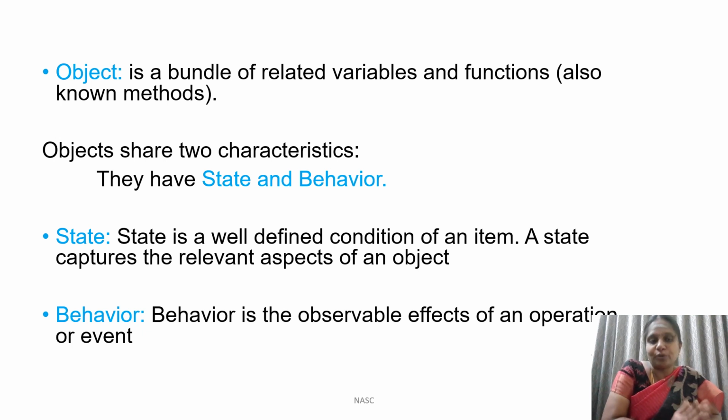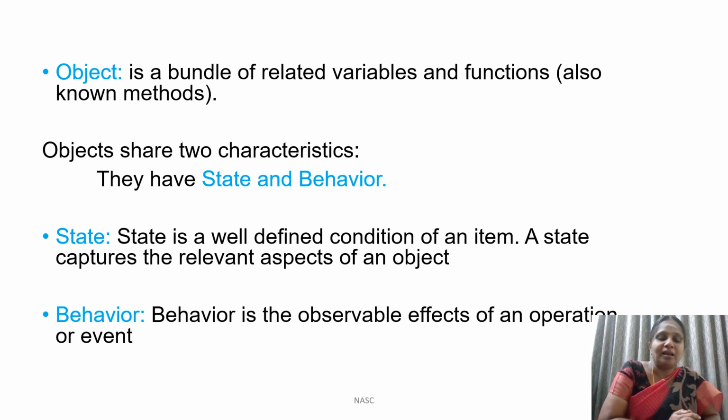It contains two elements. One is state and another one is behavior. State is a well-defined condition of an item. A state captures the relevant aspects of an object. Behavior is the observable effects of an operation or event.